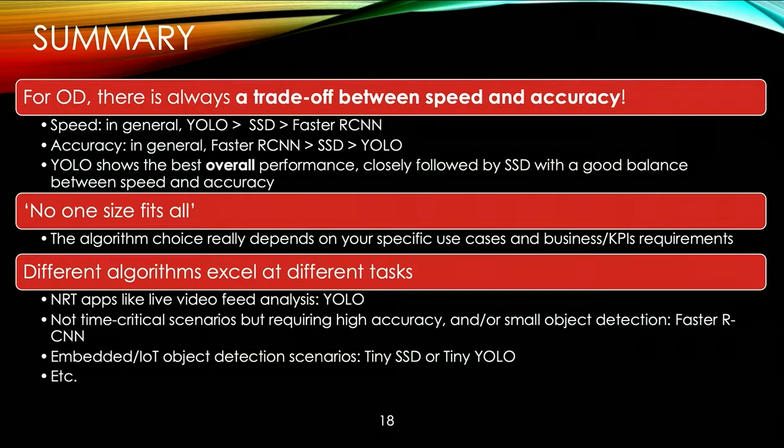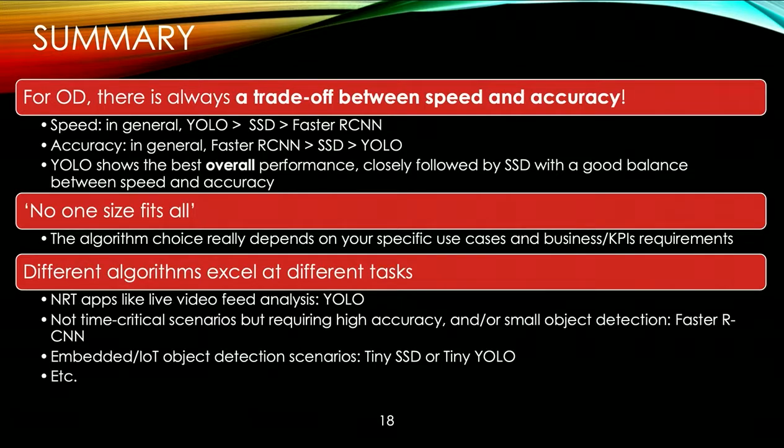As we know in data science, no one size fits all. The algorithm choice really depends on your specific use case, scenario, and project, and also your business requirements and KPIs. Different projects call for different algorithms because they can thrive in different tasks. If you are starting a near real-time application like live video feed analysis, just consider YOLO as a good starting point.